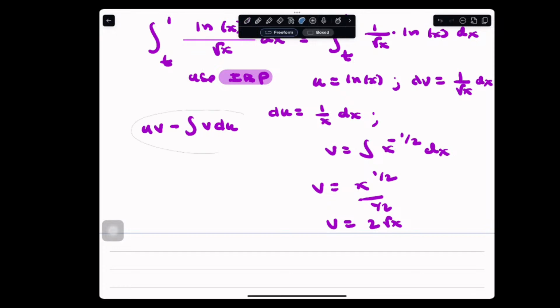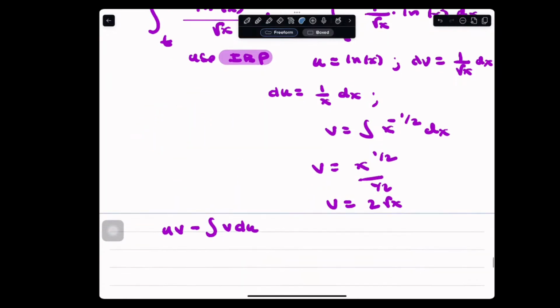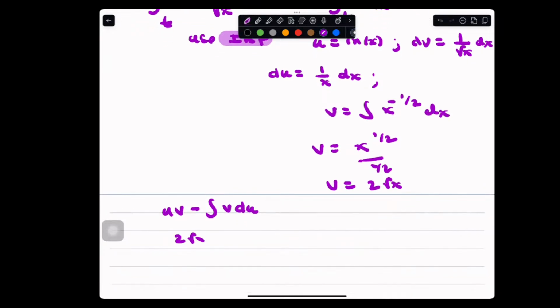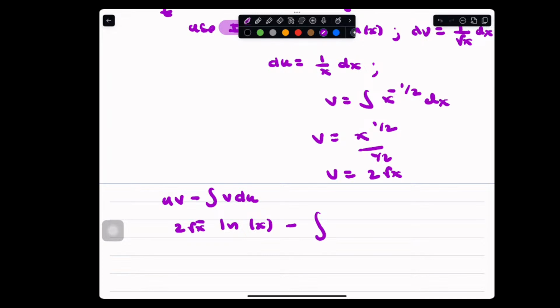So continuing with this problem, using integration by parts, we now have u and v, so it looks like this will be 2 square root of x natural log x minus the integral of 2 square root of x, and then du is 1 over x dx. So we're using integration by parts here.